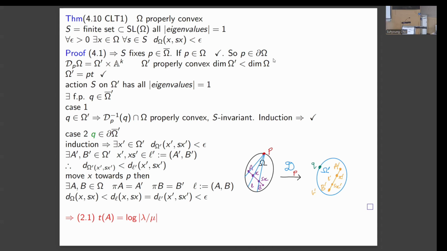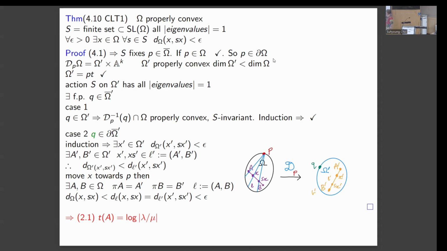The image of omega under this map is this set here. It's the product of omega and an affine space, if you like, coming out of the picture. There's a fixed point Q in the boundary of omega prime for this group action.